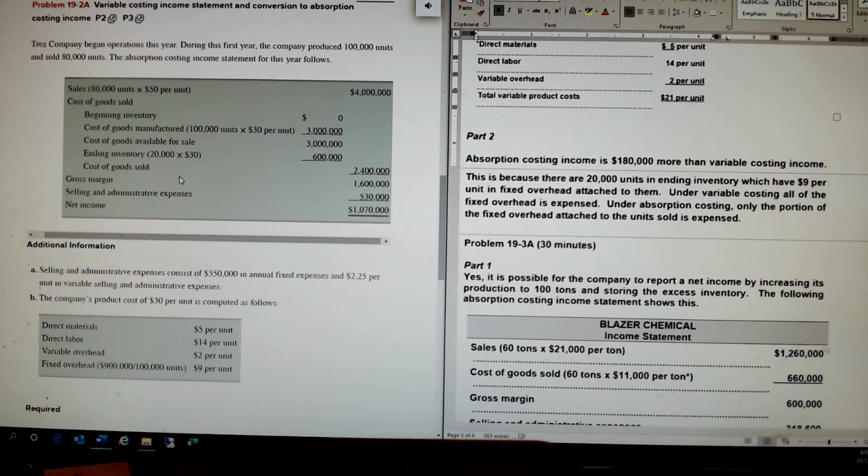Absorption costing provides an opportunity for managers to manipulate data. We don't want that, so we are probably going to use variable costing for purposes of evaluating managers' performance. So, okay, with that, continue working on the homework.